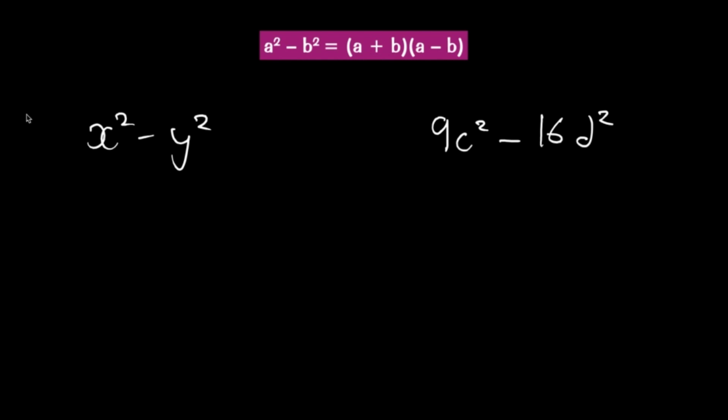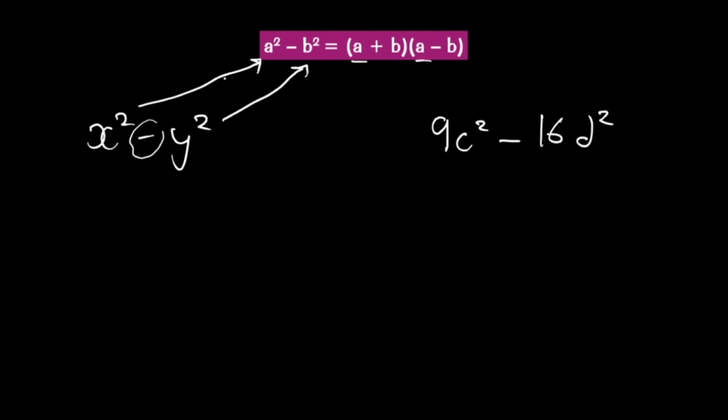So you have x squared minus y squared. Using this rule, first you identify which is a squared and which is b squared. So x squared is a squared, y squared is b squared, and you have the negative sign. So you have to use this rule to factorize. a squared turns into a and is in this position and this position.